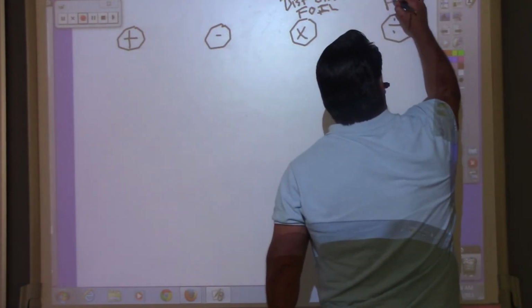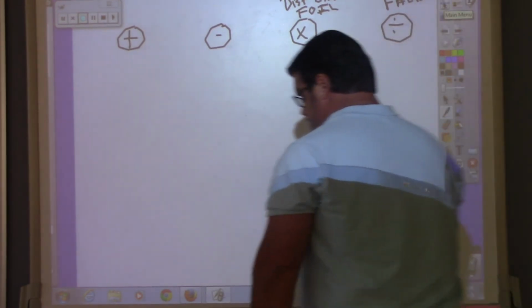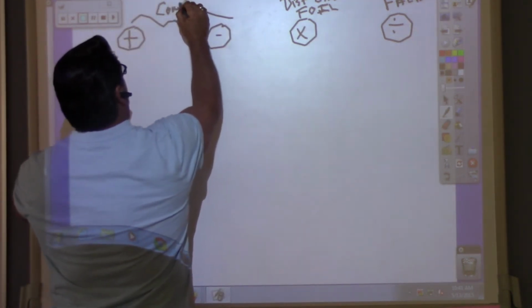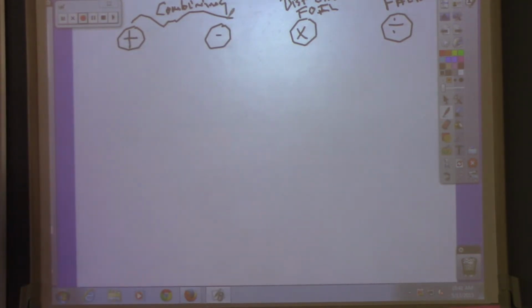This is factoring. And this is just combining. Somebody might not have told you, when you made the transfer from pre-algebra to algebra and started adding and subtracting, and they started saying you've got to distribute this and do this and do this, that there are three operations: combining, distributive law, and factoring.